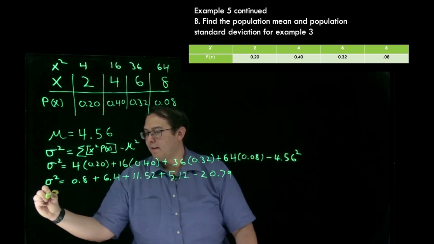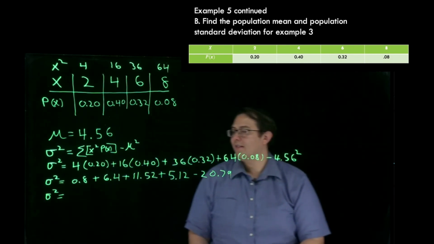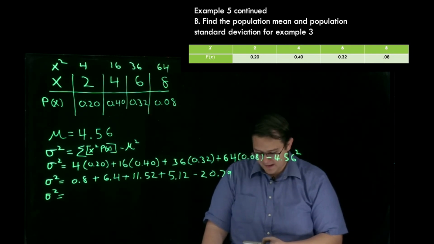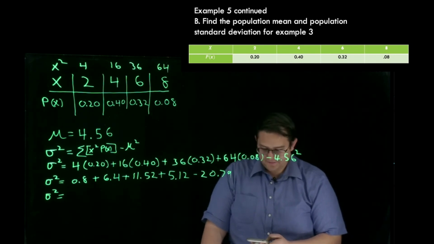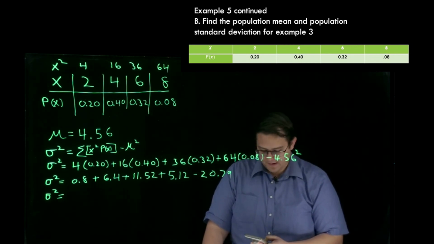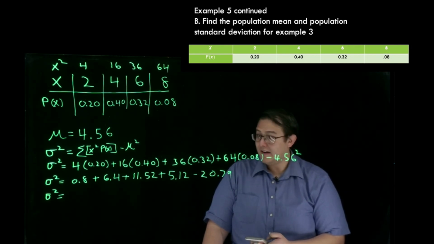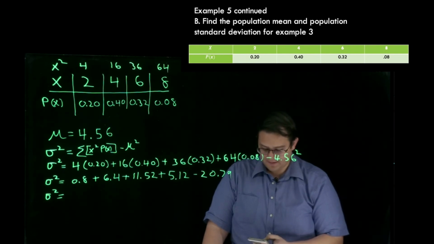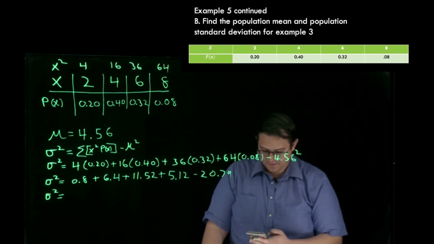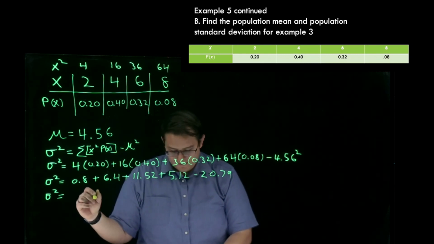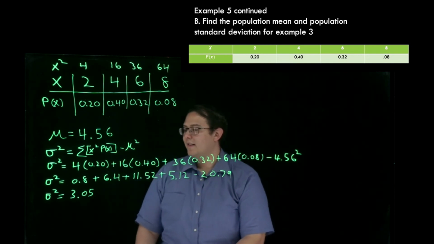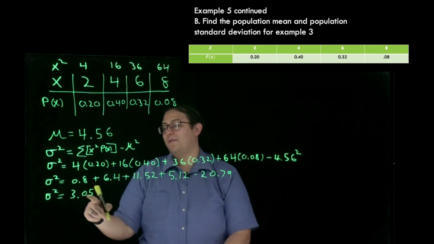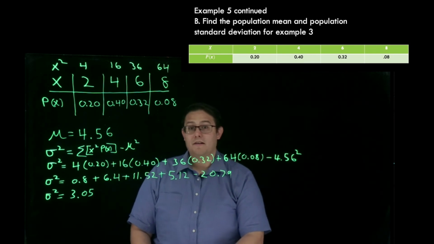So then now we got to add these and then subtract off that right here. So sigma squared is going to be the 0.8 plus the 6.4, plus 11.52, and then plus the 5.12 and minus the 20.79 equals. There you go. So using a calculator, we get 3.05. And this is the population variance, but we want the population standard deviation.